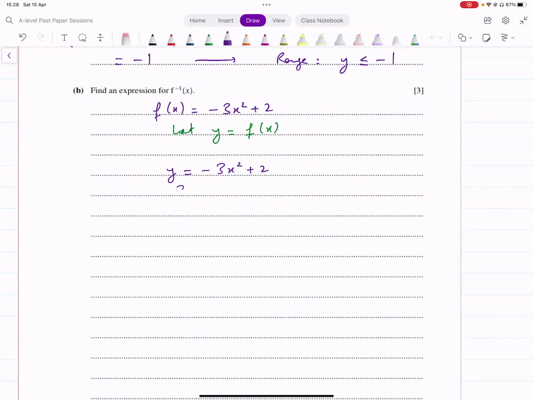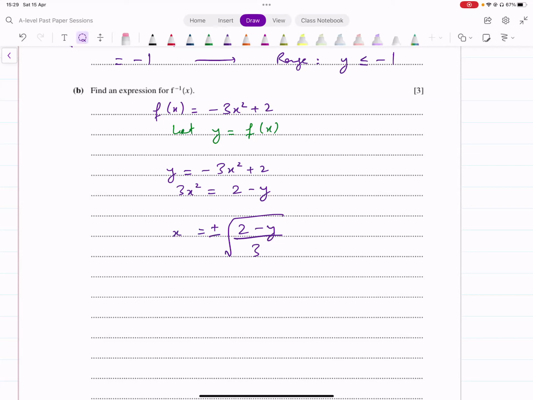You can say this is 3x squared equals 2 minus y. If you bring 3x squared to the left side, y, and take y to the other side, this is what we get. Now we have x squared equals (2 - y) over 3, and then if you take square root on both sides, that gives us square root of (2 - y) over 3, but you also have to put plus minus here. Do not forget the plus minus.